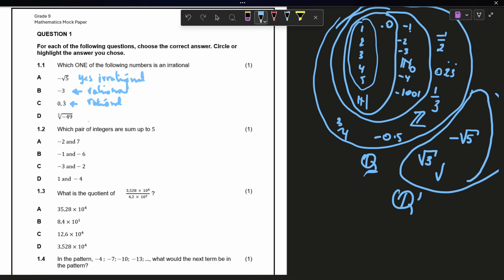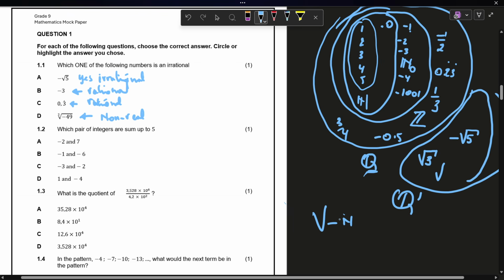And what about this? This one is non-real. Why? Because you can't put a negative number inside a square root.